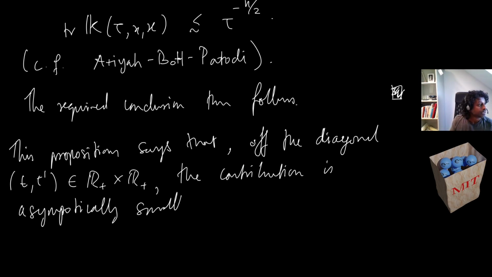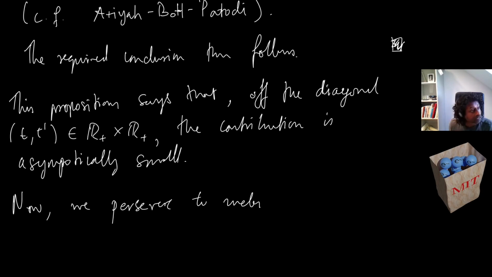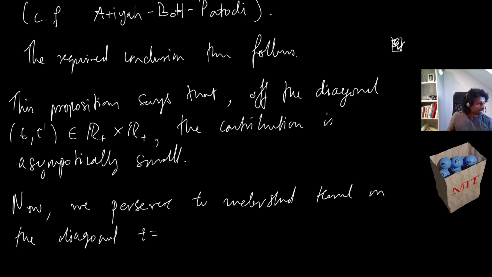Okay. So now we persevere to understand the kernel on the diagonal, t equals t prime. That's where the interesting information is kept.